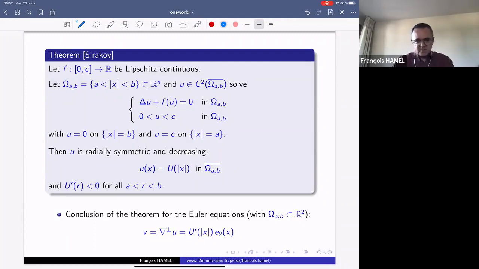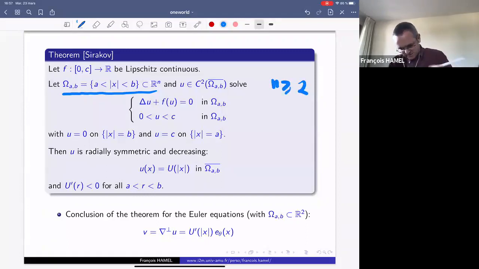Okay, so assume that f is Lipschitz continuous and consider any set omega AB, which is now any domain between two concentric spheres, and this result holds in any dimension n, where n is any integer larger than or equal to 2.